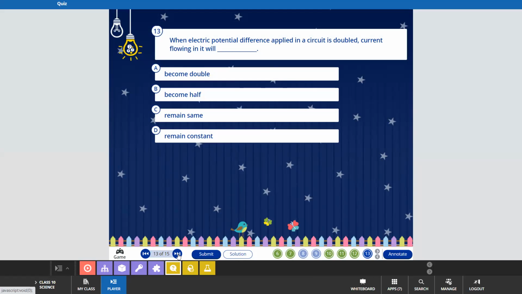Electric potential difference applied in the circuit is doubled. Sir, double.